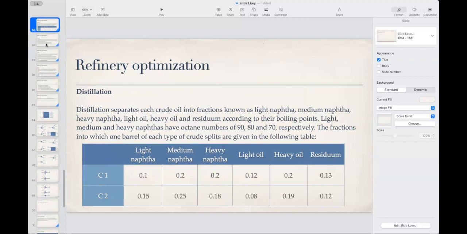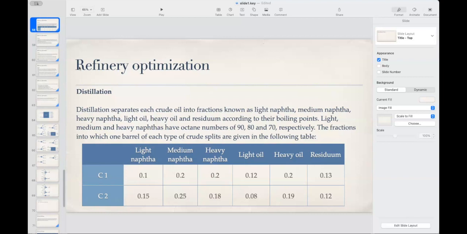If you look at the line naphtha, Ln, produced from the distillation column, it is 0.1 of C1, right? And 0.15 of C2. And it must be an equality constraint, right? Because the line naphtha we produce will be the result from the distillation column of C1 and C2. That's only that.